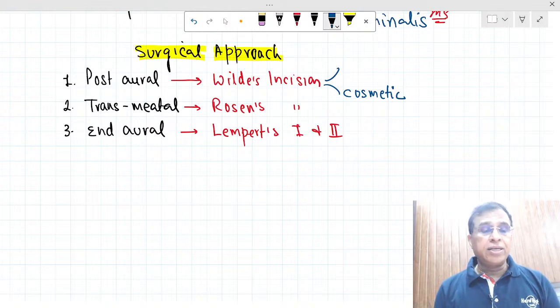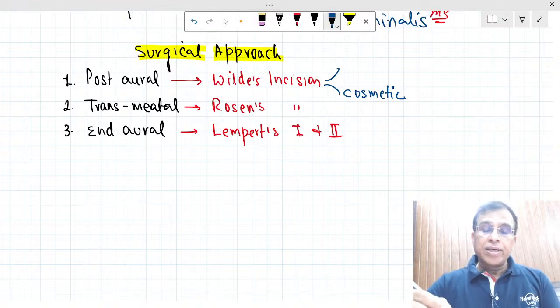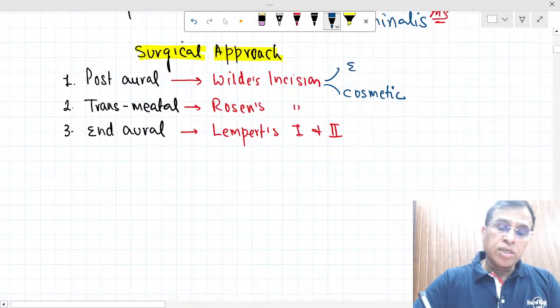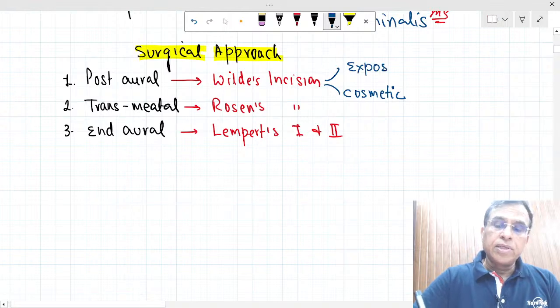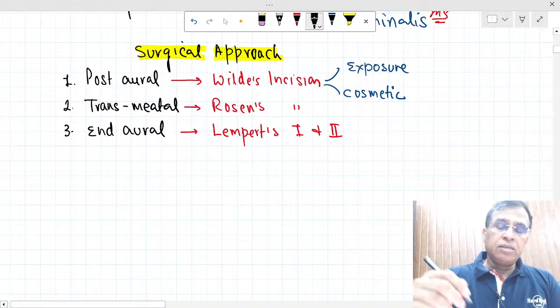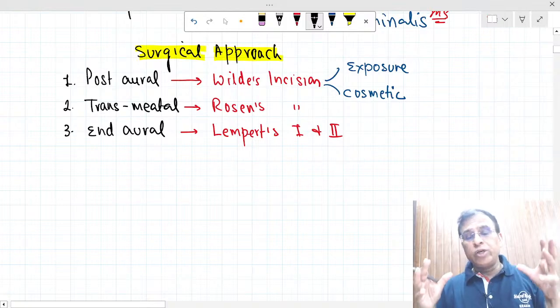The main advantage, as many of you are saying correctly, that Sai Santosh and Ronak Agarwal correctly said, is that the exposure is the best. The exposure of the surgical field is best during Wilde's incision.